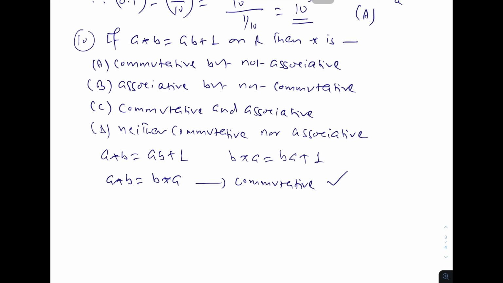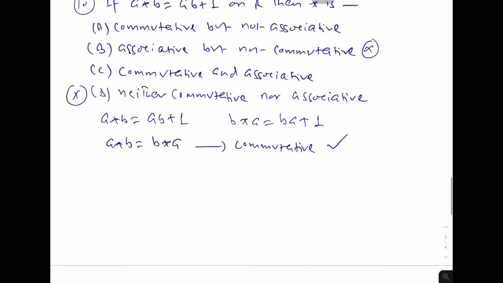So either A option or C option, because not commutative is not there. We need to check for the associative. It seems that it is not associative.